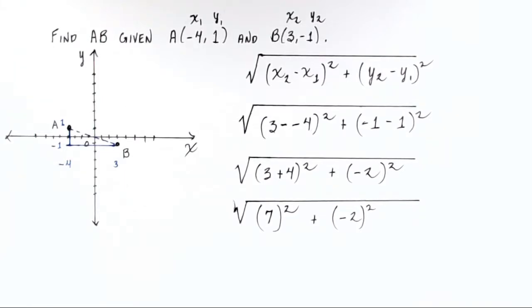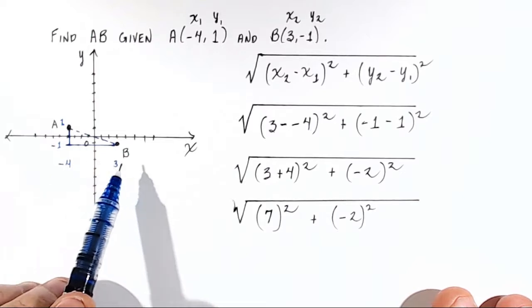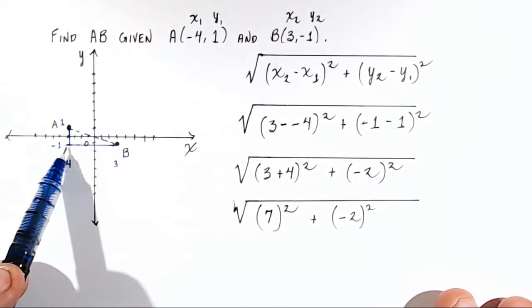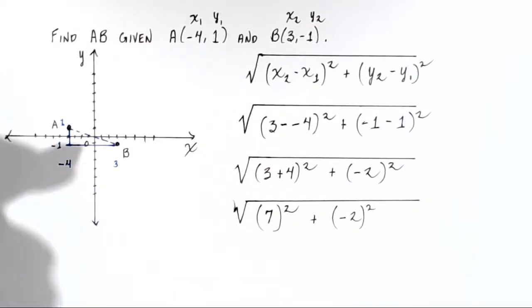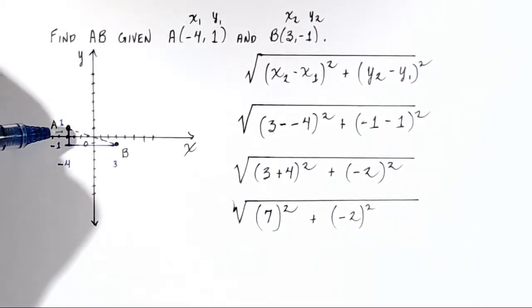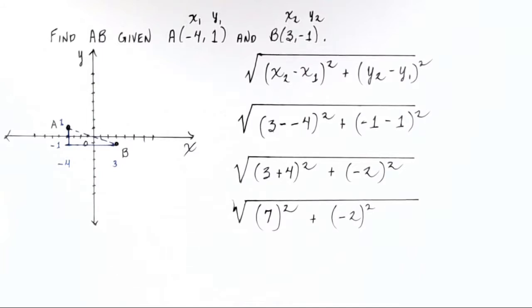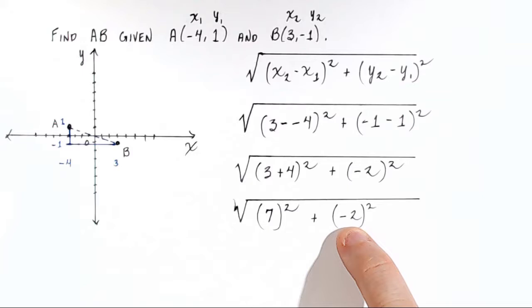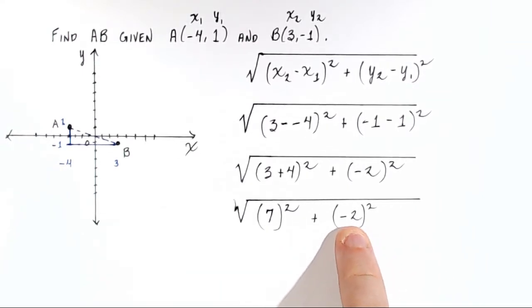So your brain knows that there's 7 spaces between these 2 points on the x-axis, and that there's 2 spaces between the 2 points on the y-axis. Your brain knows that. So the problem that confuses students a lot in the distance formula is that we have this negative number here. You say, well, wait a minute, I thought you said there were 2 places, but my math tells me there's negative 2 places.